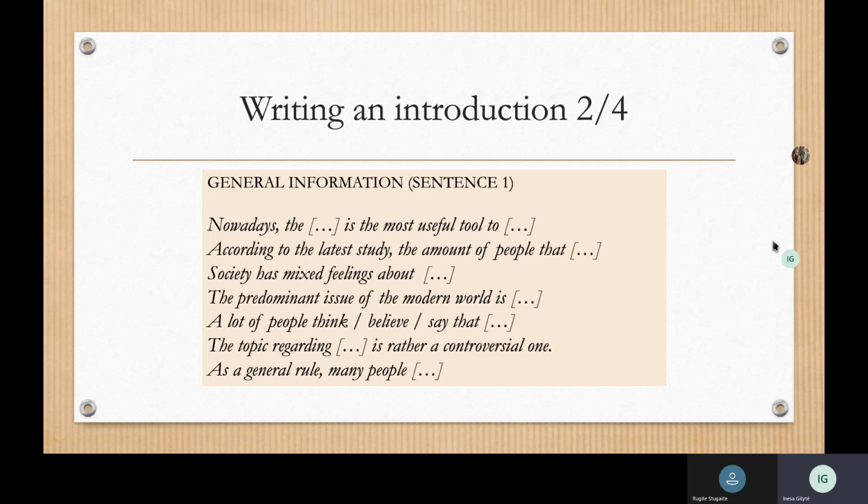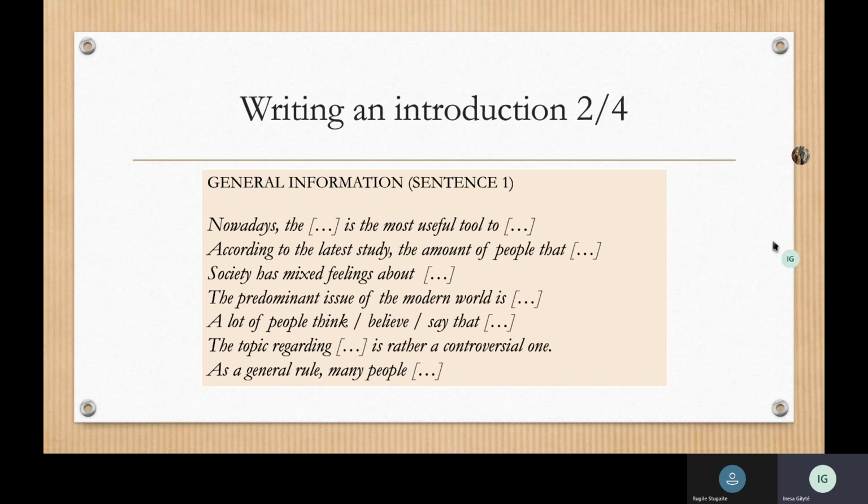Just keep in mind that there's really low chance that someone will check the actual information. But if you use something that catches a reader's eye and is really interesting and correlates with the topic that you got in the task, you should really consider writing such a sentence in the introduction.